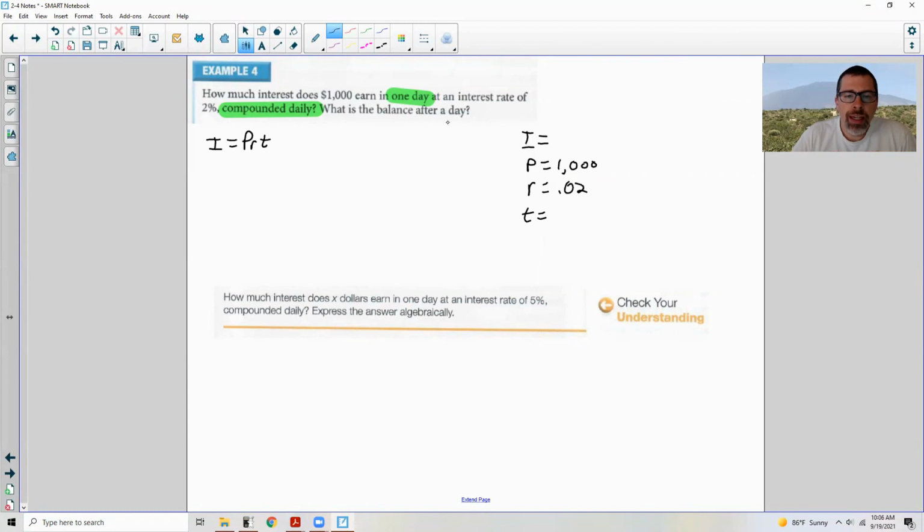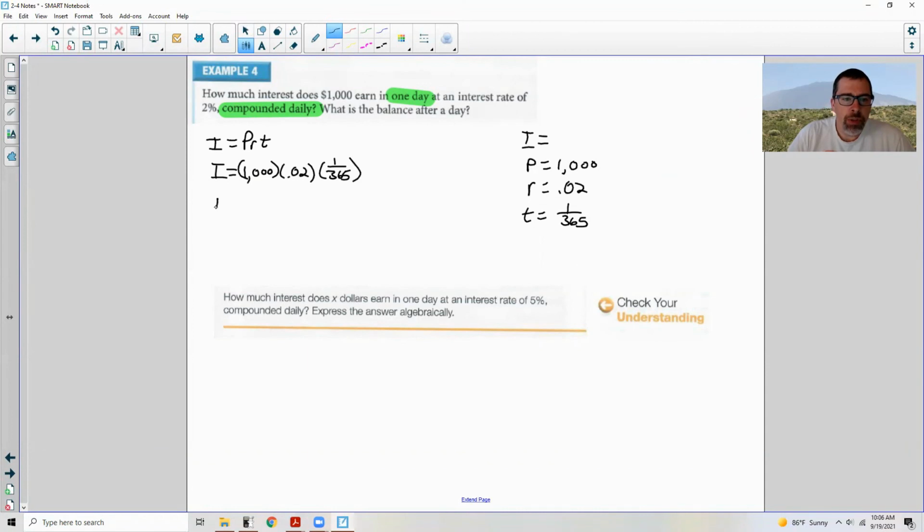Time is 1 day. Always assume it's not a leap year, because every 4 years there's 366 days in a year. So unless it says leap year, we're going to take 1 day as being 1 over 365 years. That is the time frame we're going to use. So I equals principal of 1,000 times 0.02 times 1 over 365.